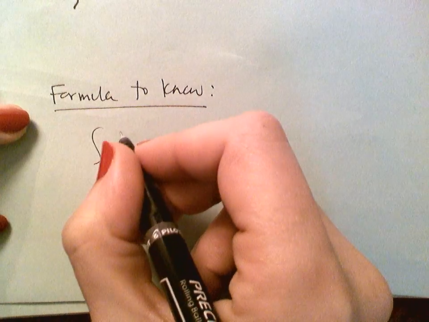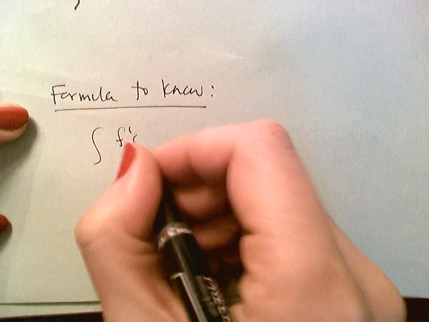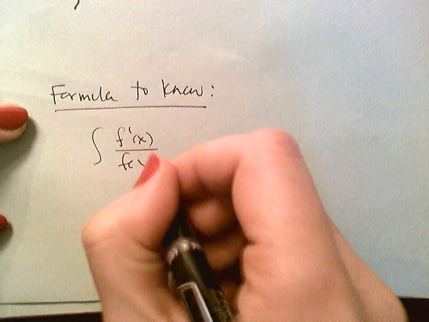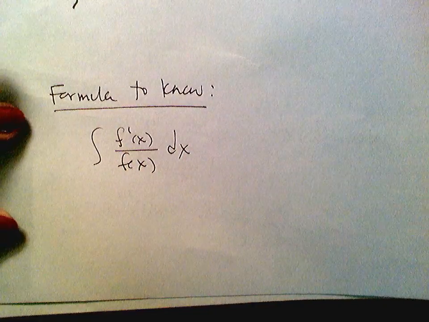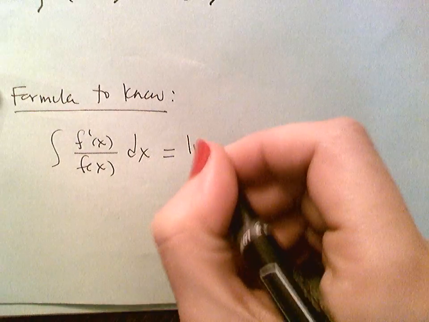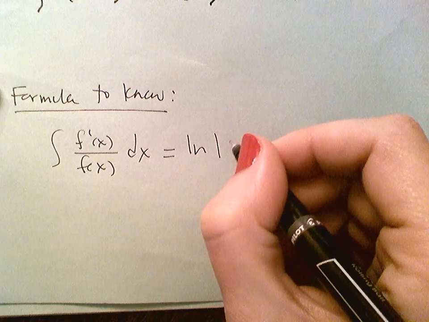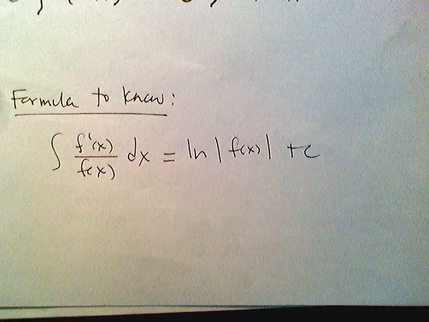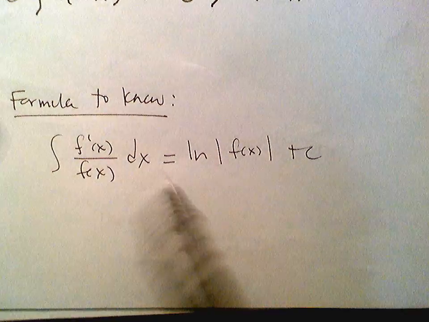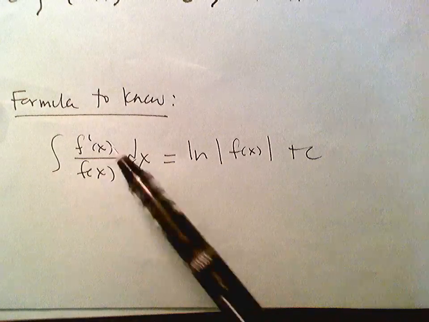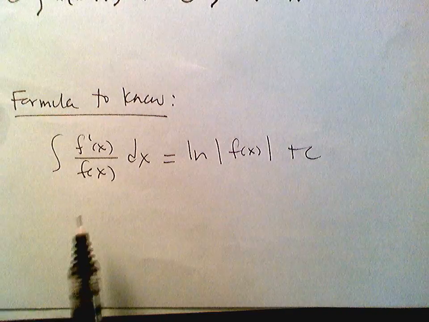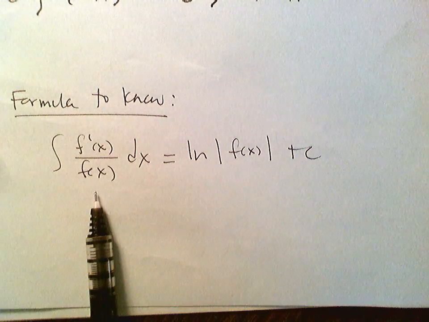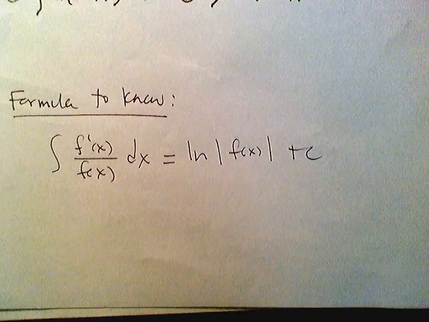So if you are taking the antiderivative of a function of this form, then it's going to be equal to the natural log of the absolute value of f of x plus c. So guys, anytime you're taking the antiderivative of a quotient, we are going to see if we can use this formula.